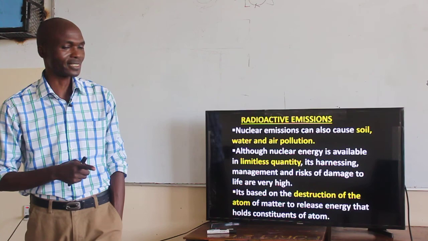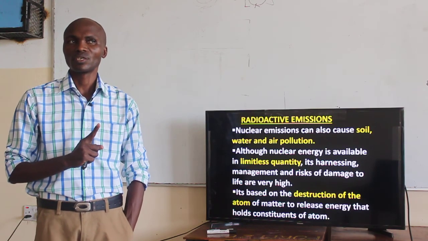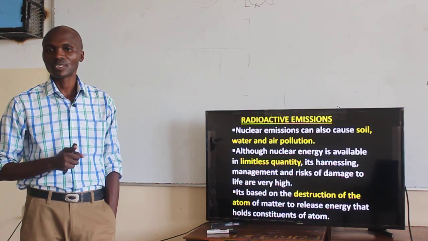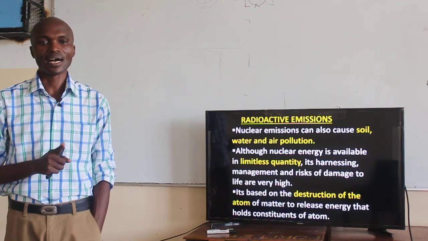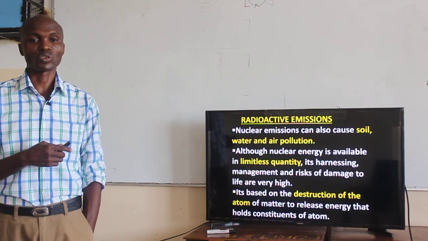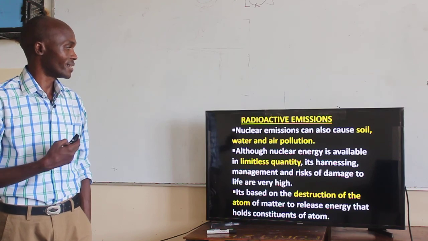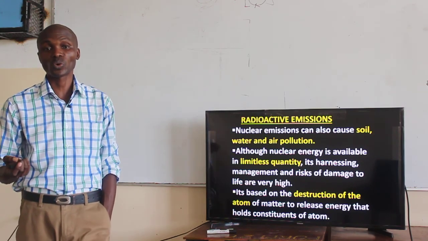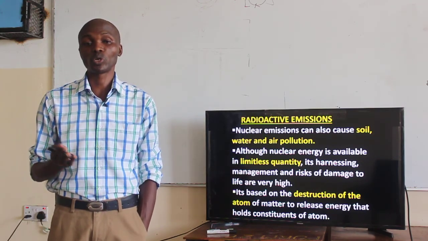Lastly, we need to look at another source of pollution, radioactive emissions. This is actually nuclear emissions from radioactive materials, and these nuclear emissions can cause soil, water, and air pollution.